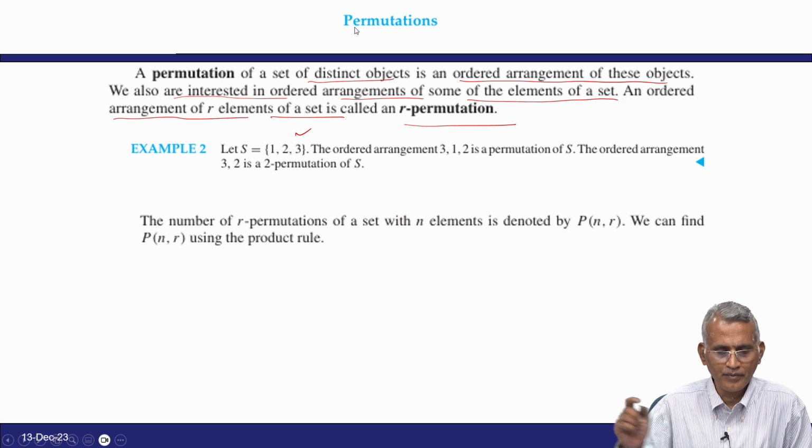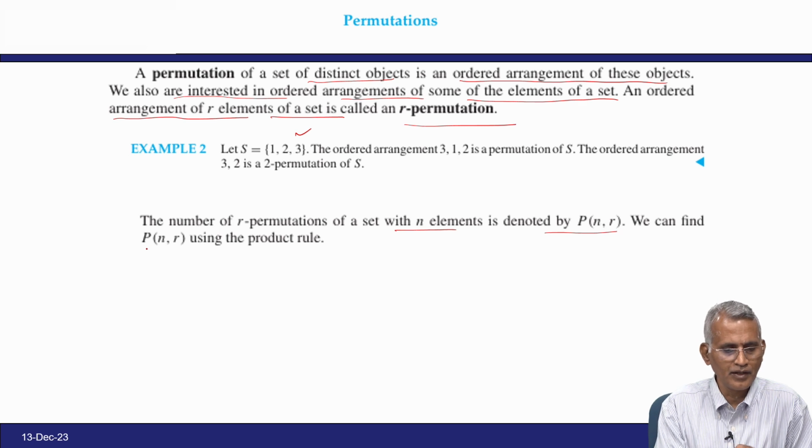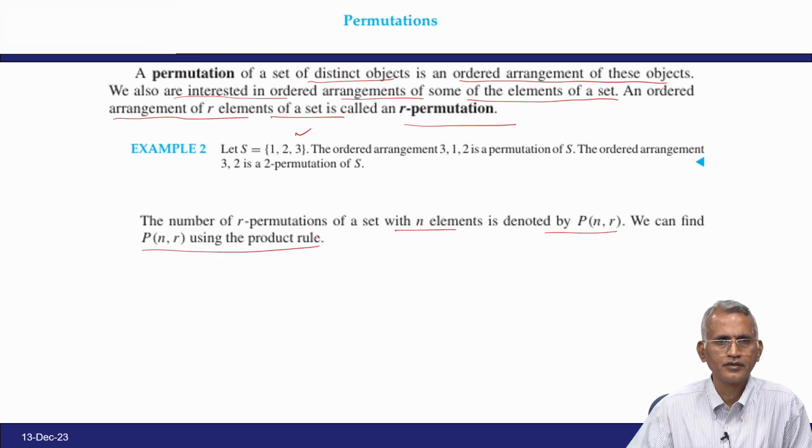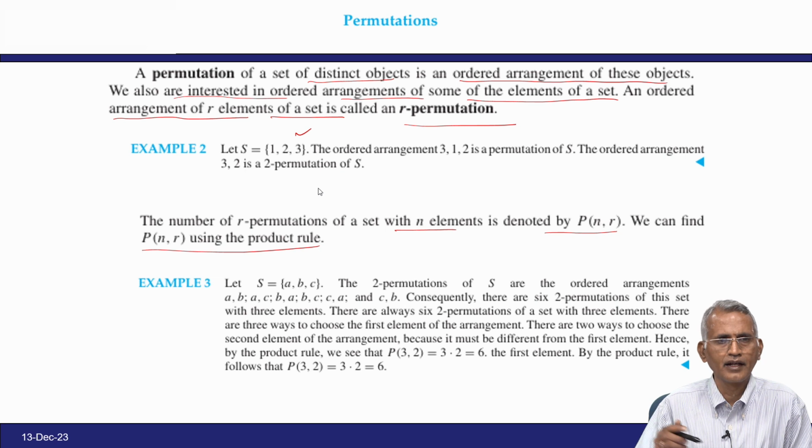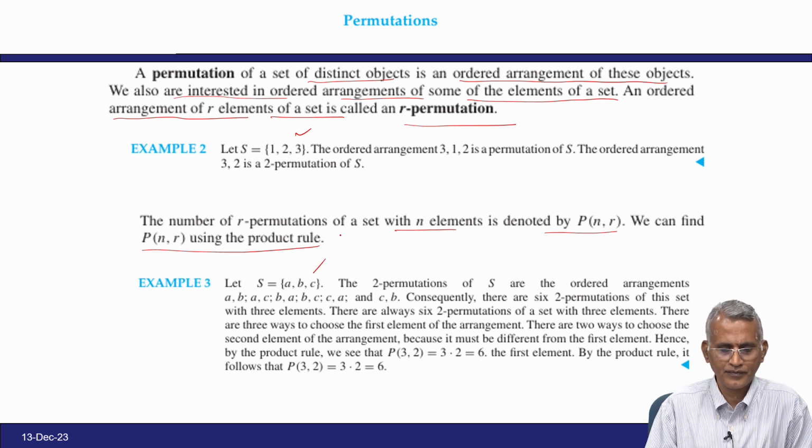The number of r-permutations of a set with n elements is denoted by P(n, r) or nPr. We can find P(n, r) using the product rule. For example, take a set {a, b, c}.